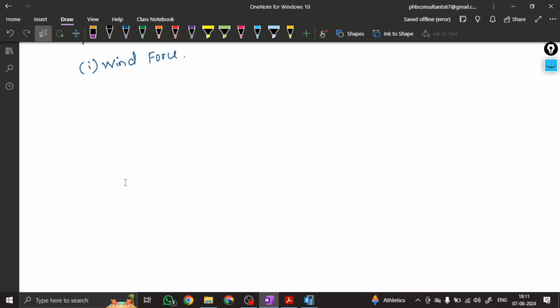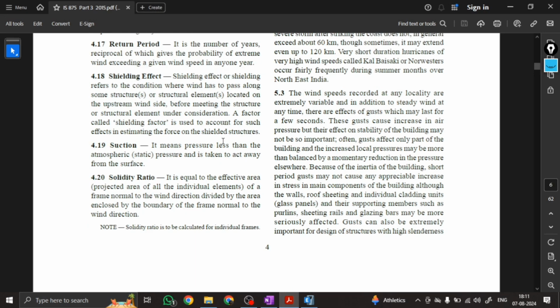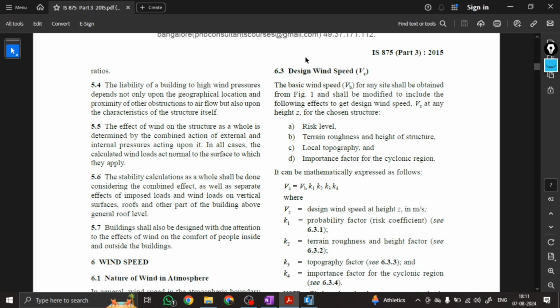I already discussed this design wind speed, where it's IS 875 part 3. Here design wind speed, this is clause 6.3.